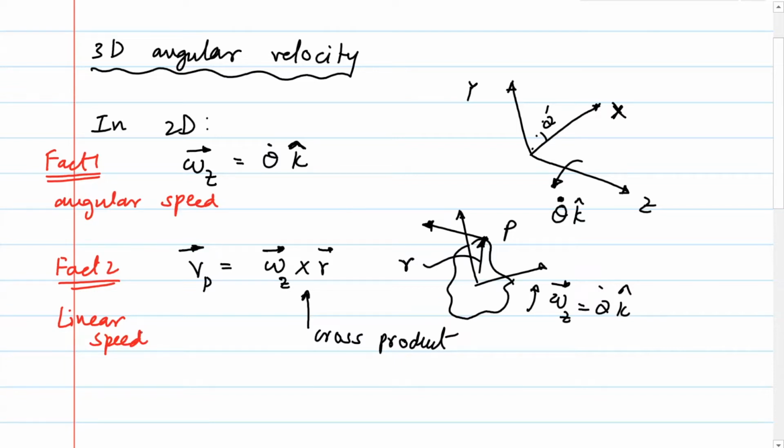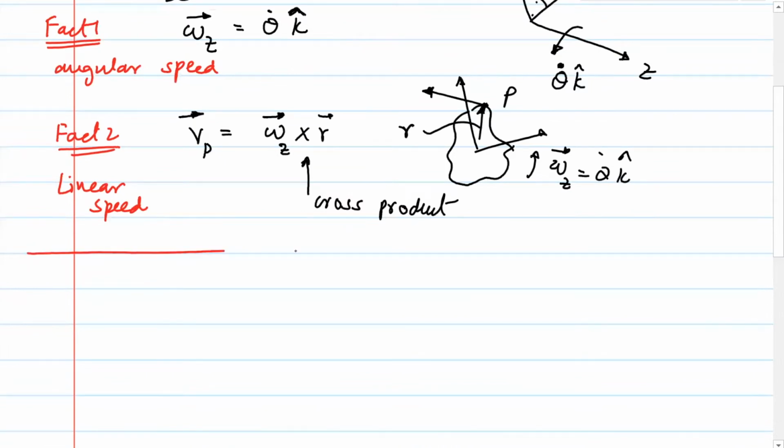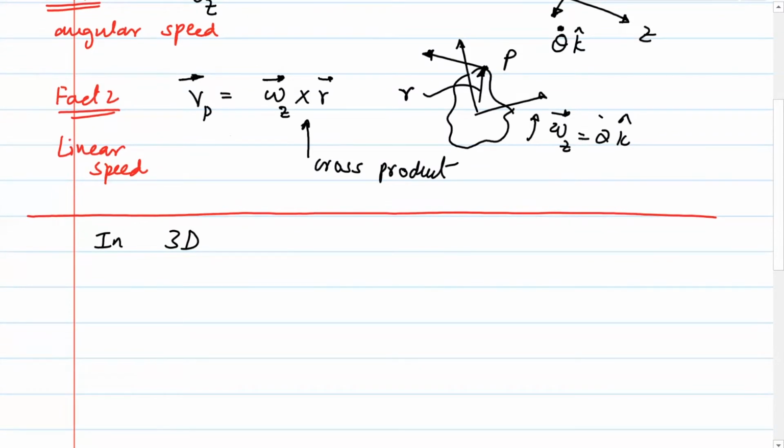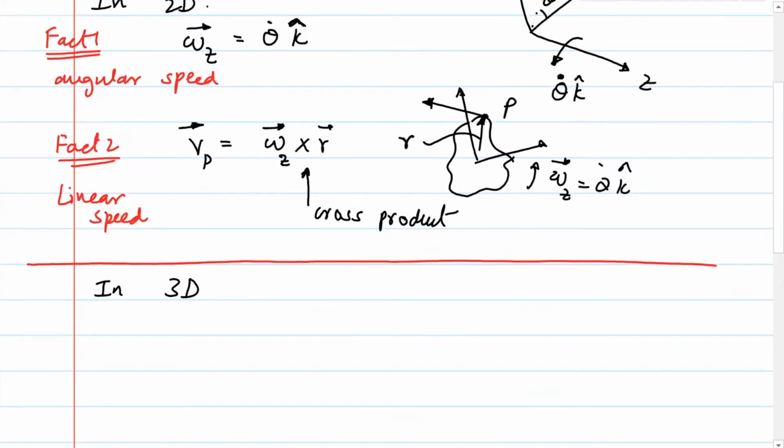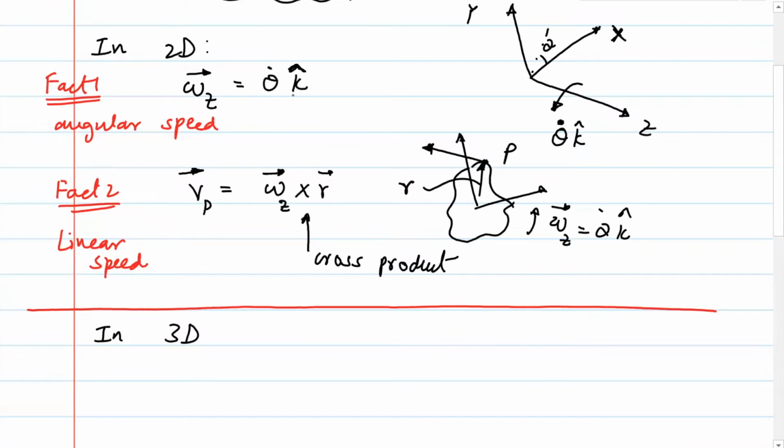Now if you go to 3 dimensions, the following is what happens. So here, by the way, you can think of theta as an angle, but it's also kind of an Euler parameter in 2D.